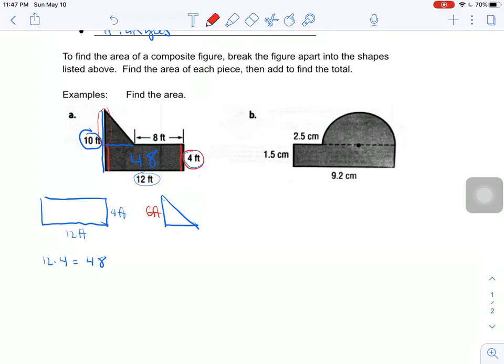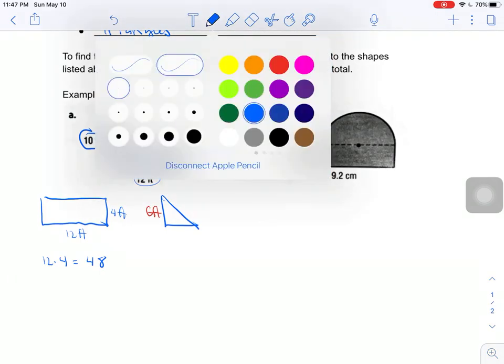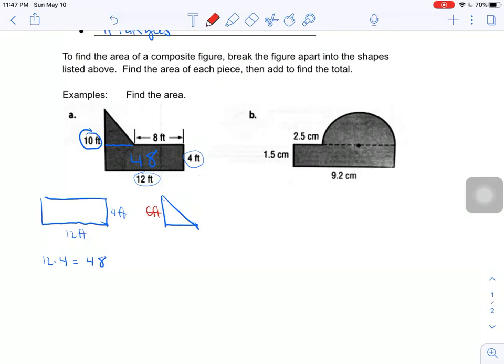So sometimes you have to do a little bit of quick calculation. The same thing is going to happen the other way. I'm going to erase some stuff just to get it out of the way here. So I have a similar thing going on the other direction. I need to figure out how long this piece is, the base of the triangle, but that's not directly labeled. What I do know is that this entire bottom edge is 12 feet.